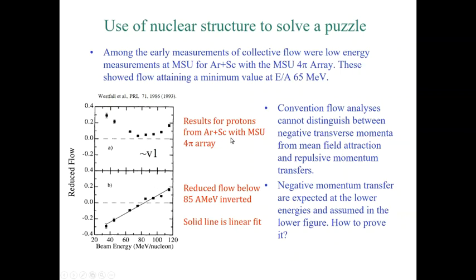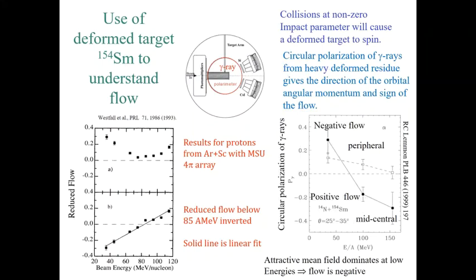But this whole problem relies on the fact that conventional flow analyses, looking at leading particles in forward and backward directions, can't distinguish between negative transverse momentum from an attractive force and repulsive momentum transfers. This just assumed that it was attractive at low energies, but why not prove it? Okay, so we're experimentalists, so we tried to prove it.